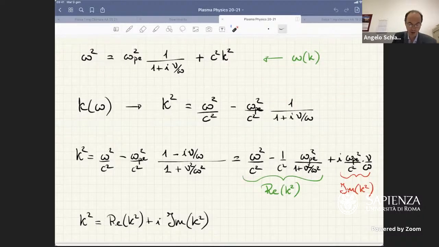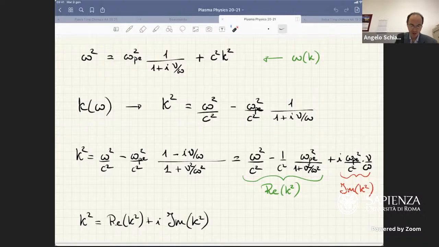Instead, if we switch on the plasma, then we have this term that has two important components. One, the real part, which we are going to study today, is the propagation. And then we see that there's a complex part to it as well. This imaginary part corresponds to the attenuation or absorption properties of the wave during the propagation inside the plasma.